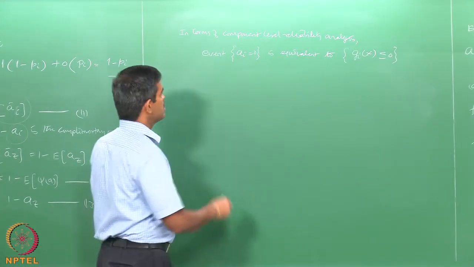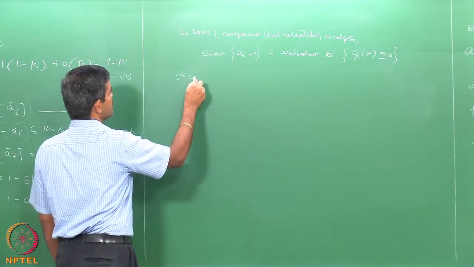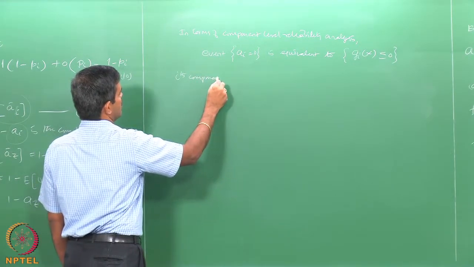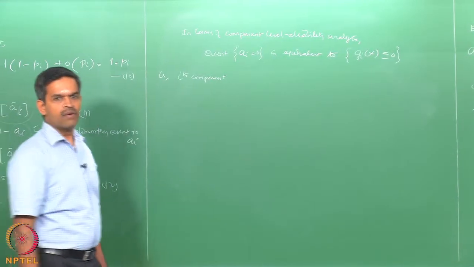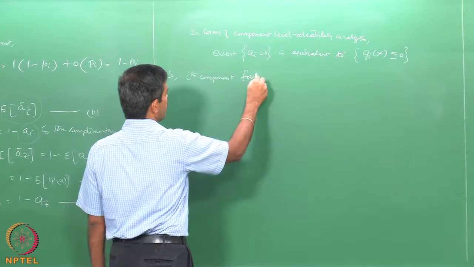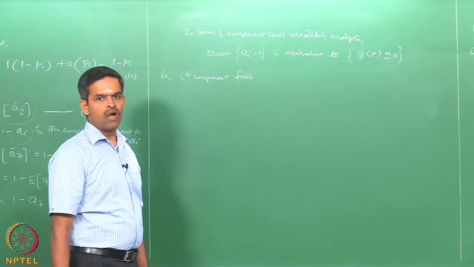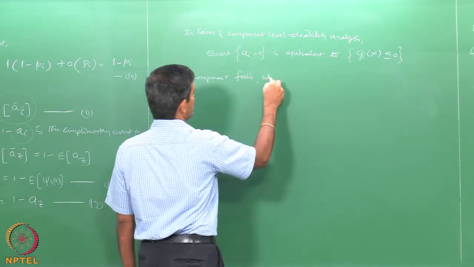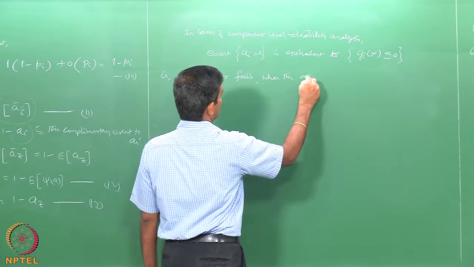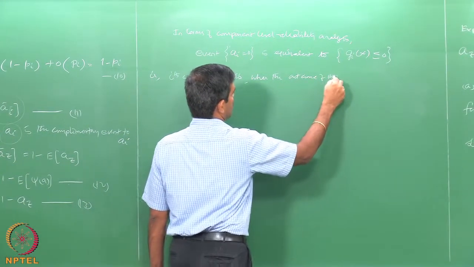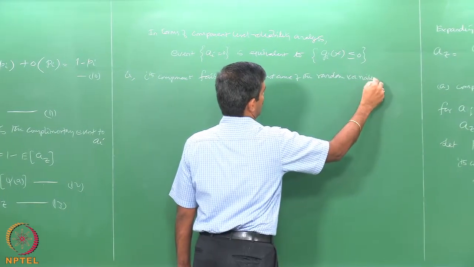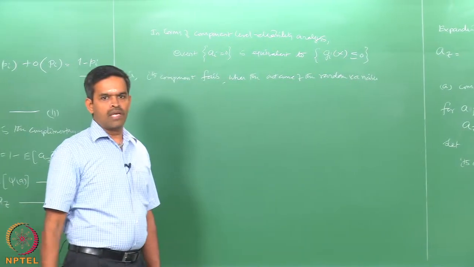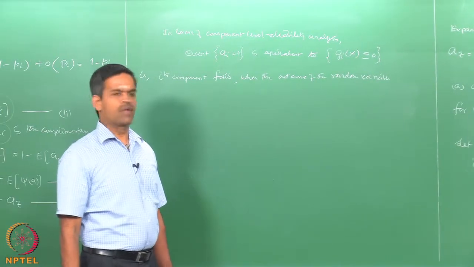In other words, the ith component fails when the outcome of the random variable in a given problem defines a point of the failure domain.